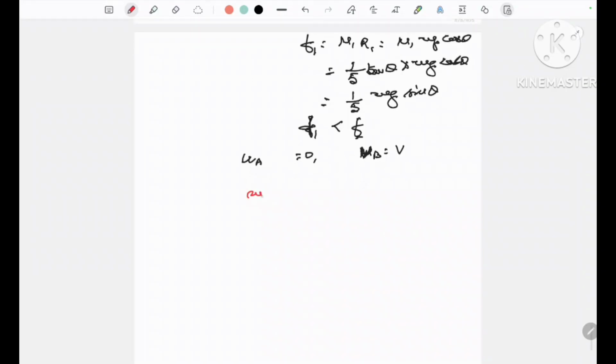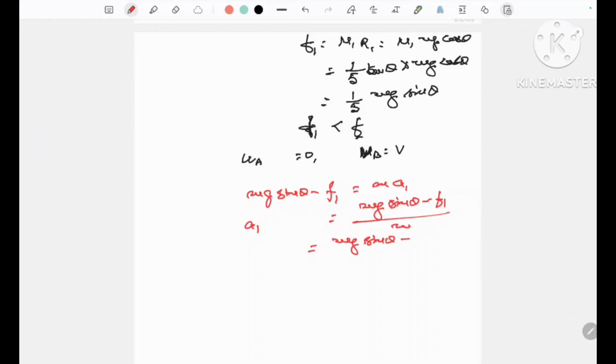Net downward force is mg sin theta minus F1 is equal to m a1, and a1 is equal to mg sin theta minus F1 by m, which is mg sin theta minus 1/5 mg sin theta by m, that is 4/5 g sin theta.